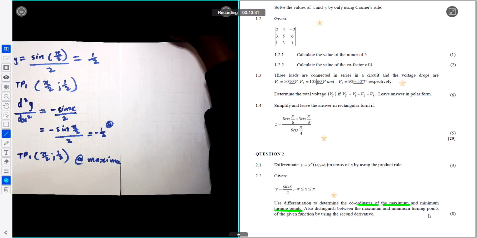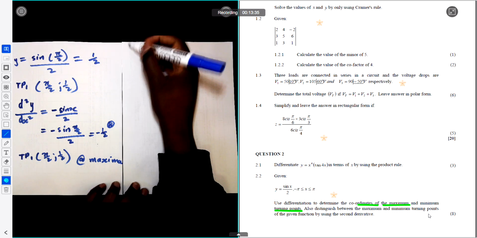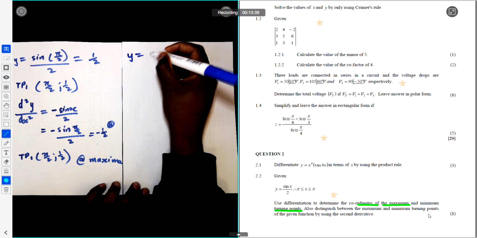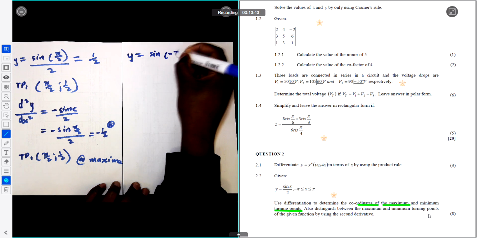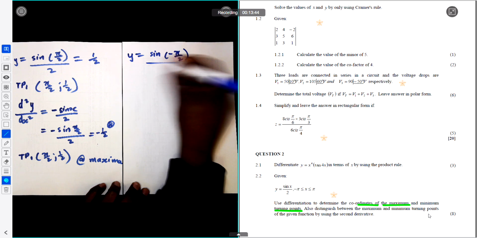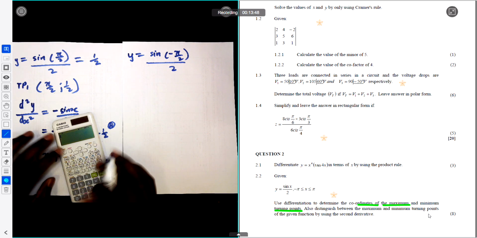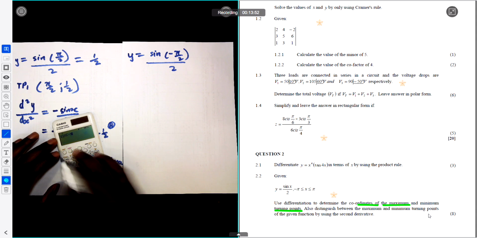So what we're going to do is substitute the second value into the original function, sine of negative pi over 2, all divided by 2. So punch in the calculator sine negative pi over 2.